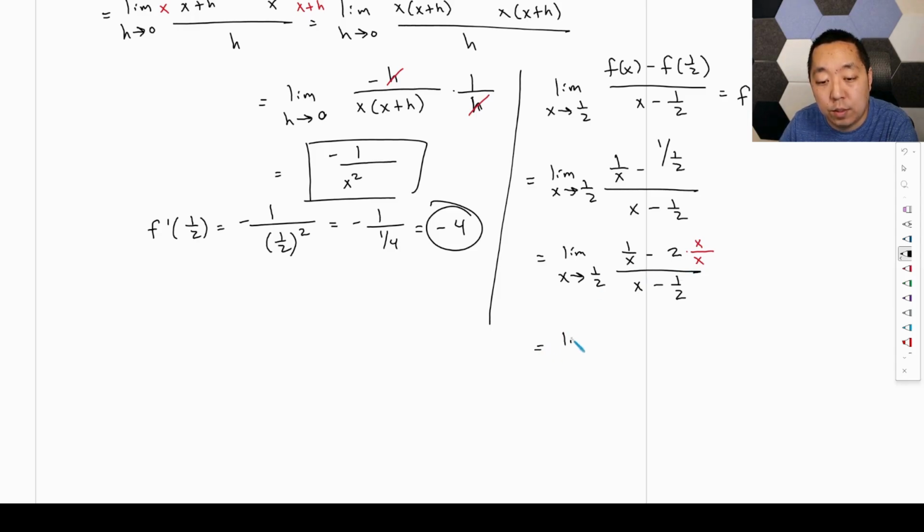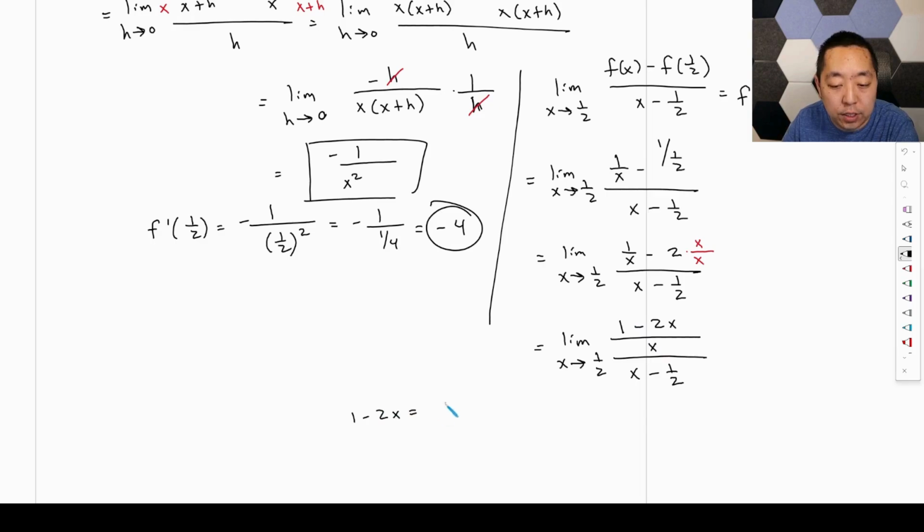So then this would be the limit as x approaches 1/2. This would be 1 minus 2x over x, all over x minus 1/2. And this one's a little bit trickier to see, but we want to make this one look like this because we need to do some kind of canceling, right? Ultimately, you have to cancel. And the 1 minus 2x, you have to recognize, there's a couple ways to do this.